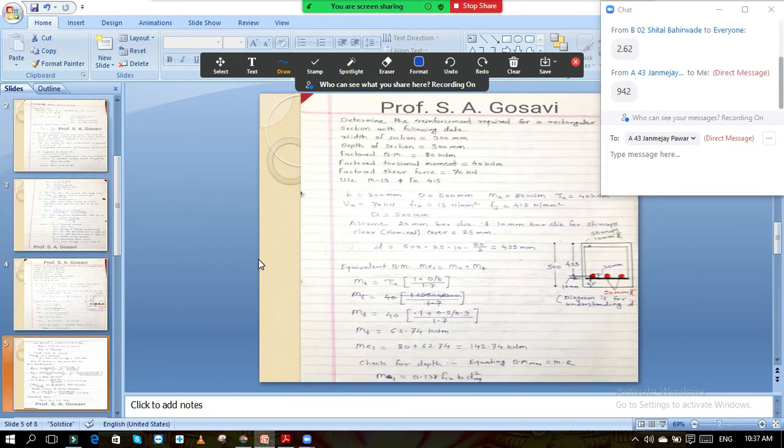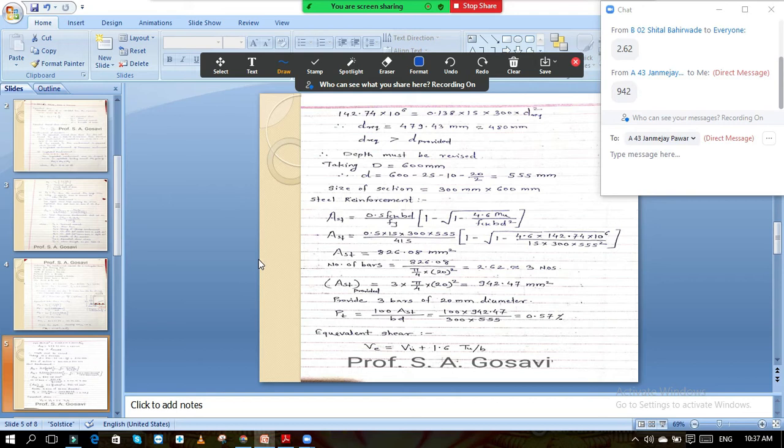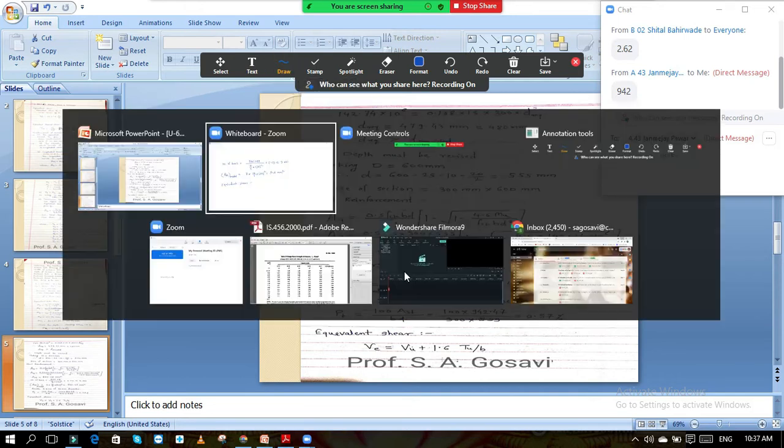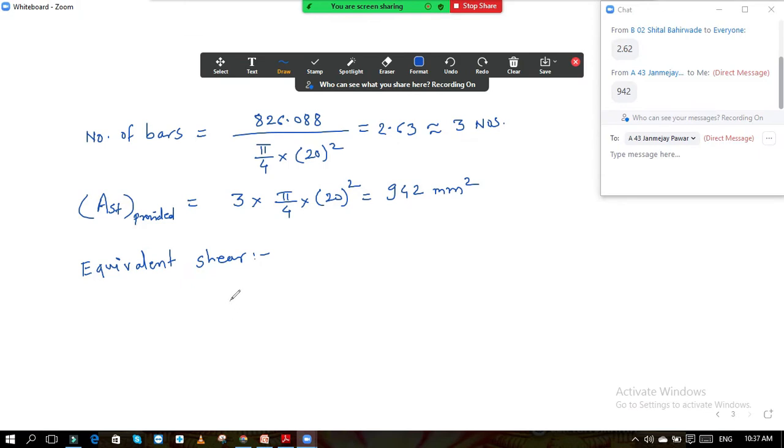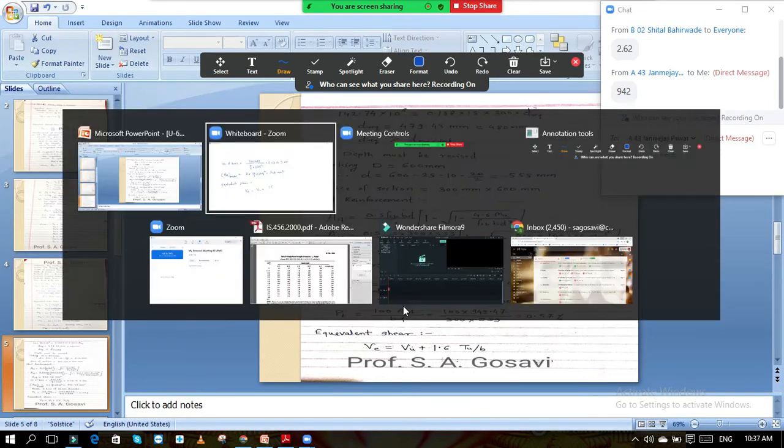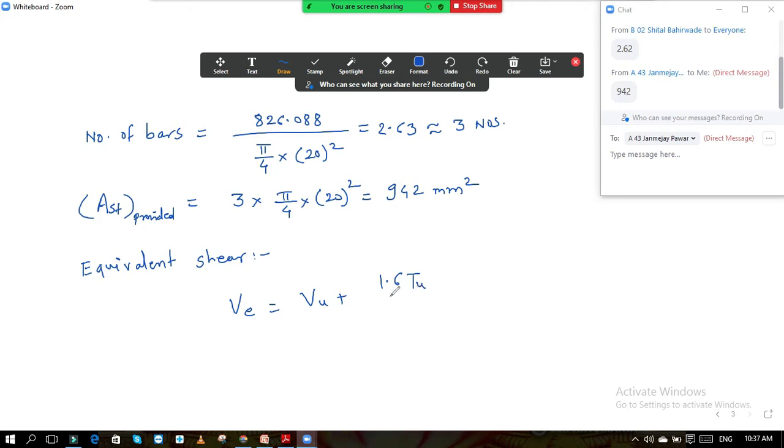If you open your IS code and go to page number 75, you will get this formula: VE is equal to VU plus 1.6 TU by B. This formula is given in the IS code, clause number 40.4, and page number I think 75. Please note it down.